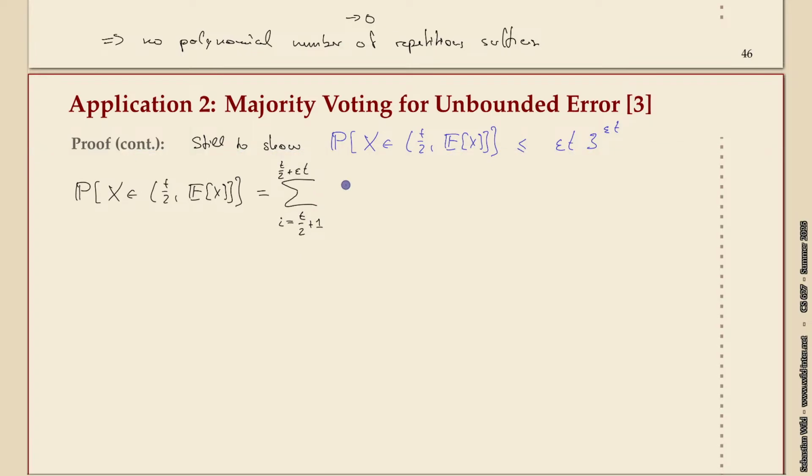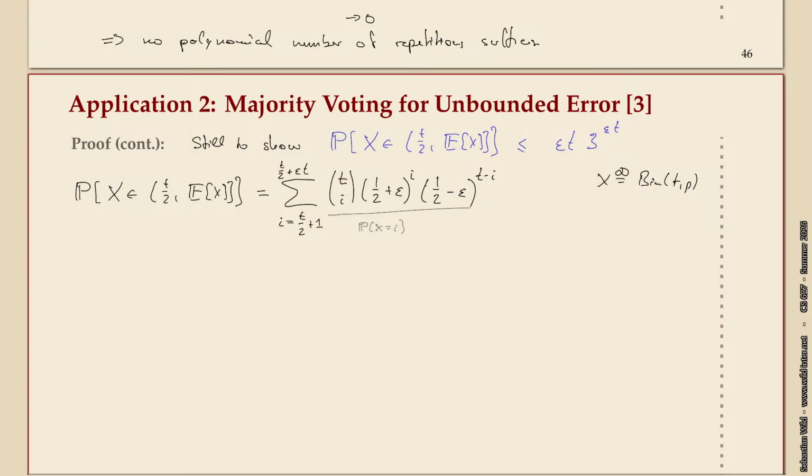And what's the probability for a binomial to have a certain value i? It's the binomial coefficient, and then this i times the success probability, and the counter probability for the other attempts. All right, so that's just the probability that a binomial, again, remember x is a binomial with parameters t and p, has this value i.